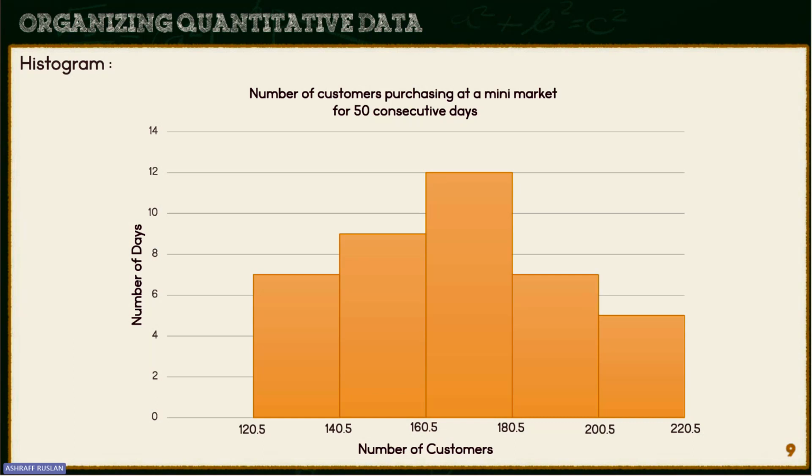The first class is 121 to 140, but the class boundary is 120.5 and 140.5. So kita plot the height of the bar here, which is the frequency for each class. Kita tengok tadi 7 kan?